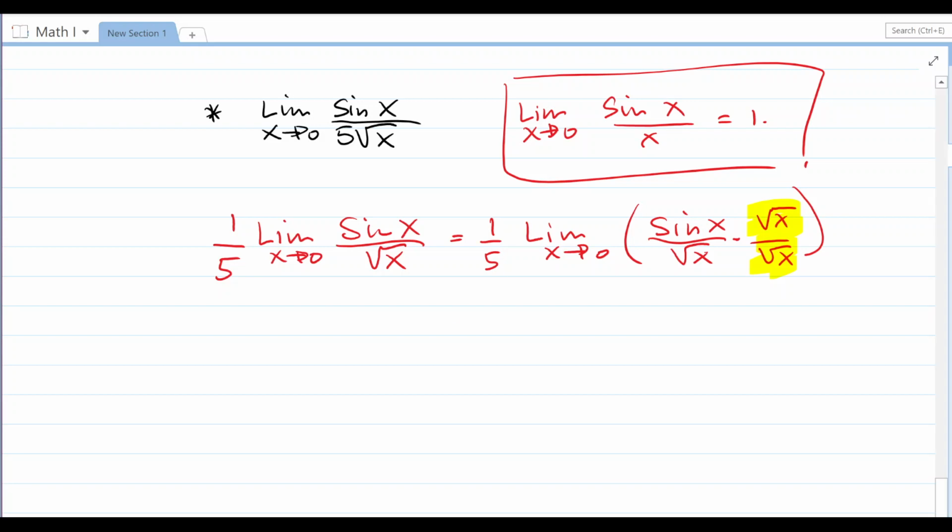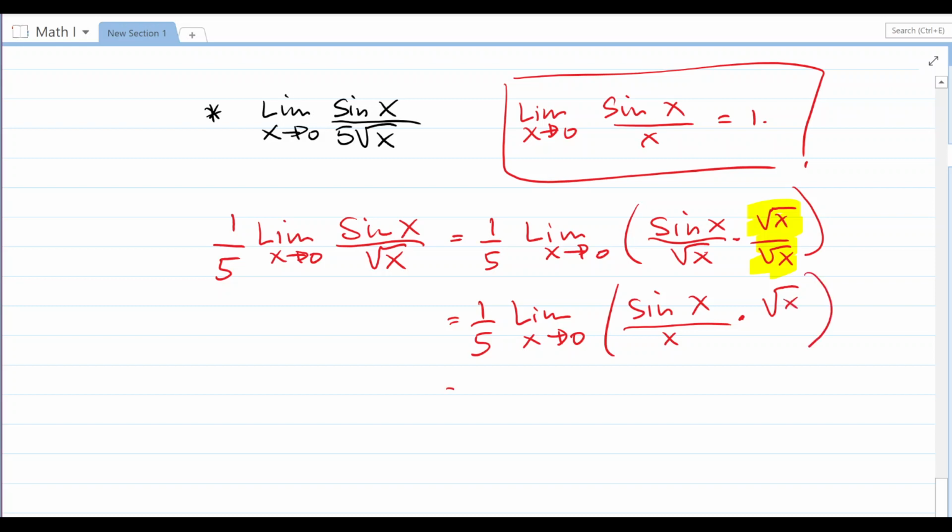But this time we have sine x over, because square root of x times square root of x, this part times this part equals x, times square root of x.